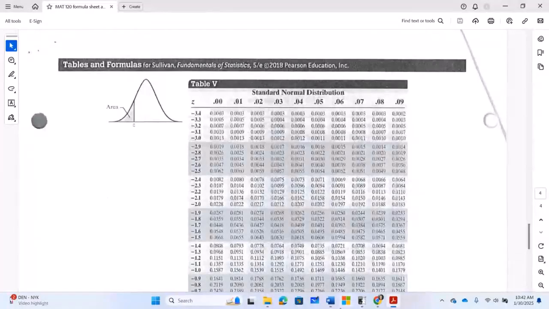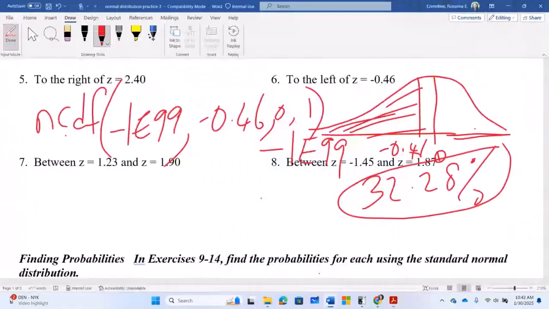Let's see what that question was saying. Where is it? Negative 2.4. Okay, no, this is negative 0.46. If it is negative 0.46, I am going to go back to the chart.